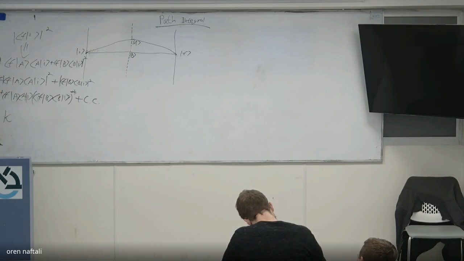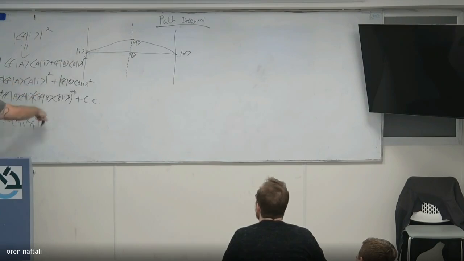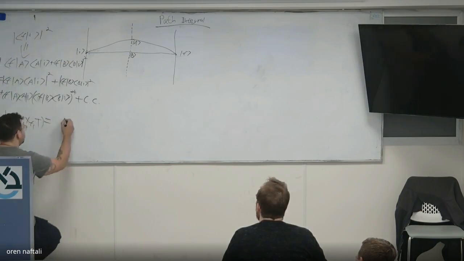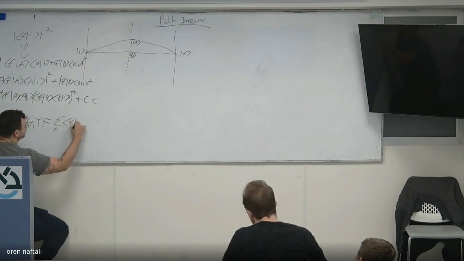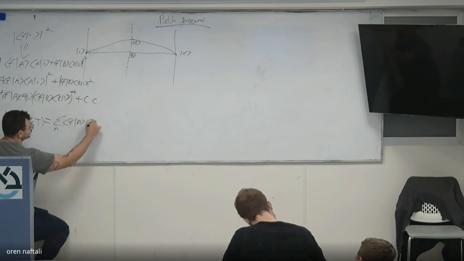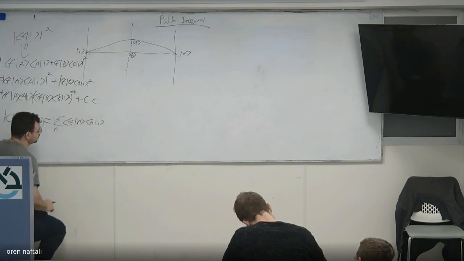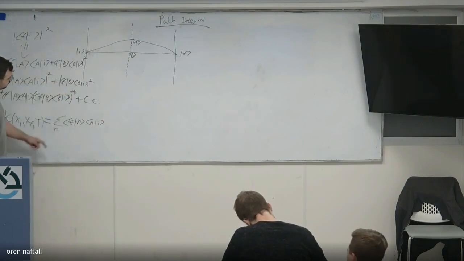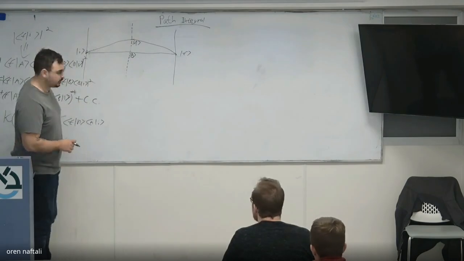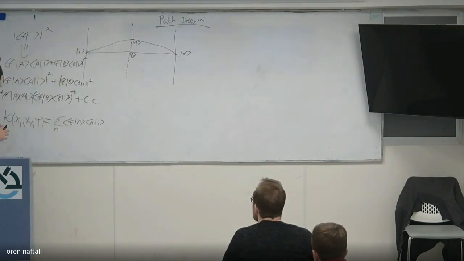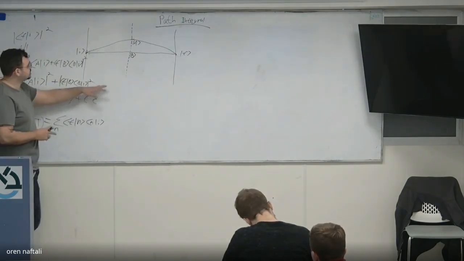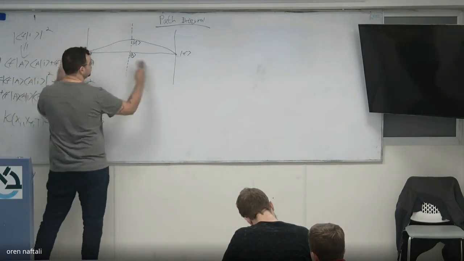I'm going to call it K, starting at x_i, ending at x_f, summed over n, which now n will just indicate which hole I'm passing through. Correct. This can be easily moved to continuous, but not this part.